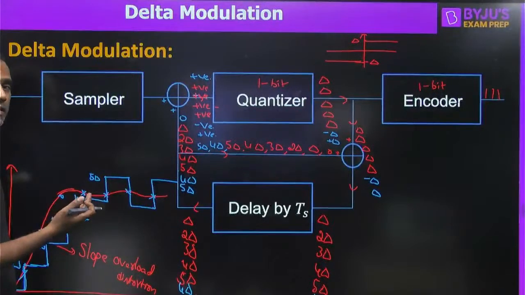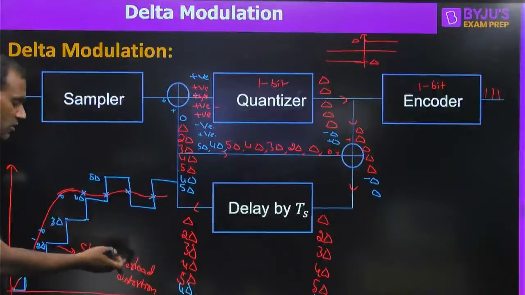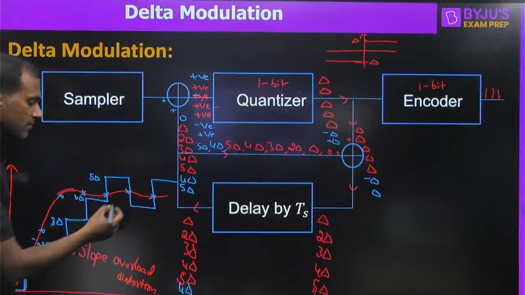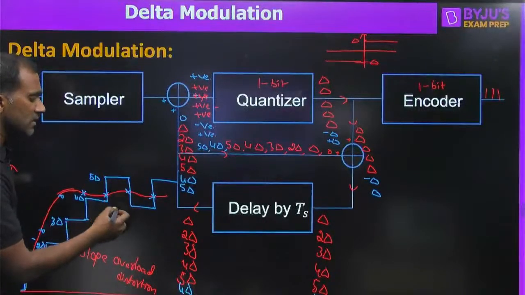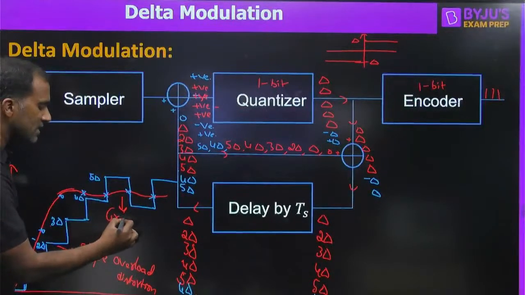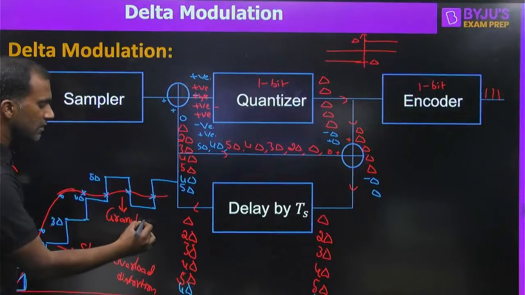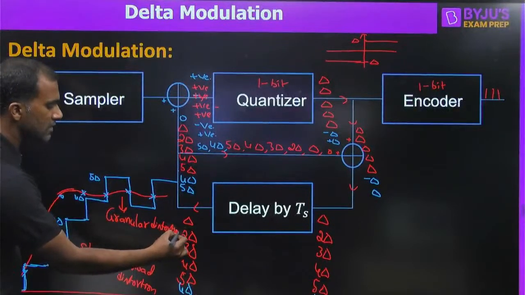Another way of mismatching is staircase speed dominating. When the signal speed dominates, we get one distortion which we call slope overload distortion. And when the staircase speed is dominating compared to the signal speed, this is also a distortion, that is named as granular distortion. That is called granular distortion.